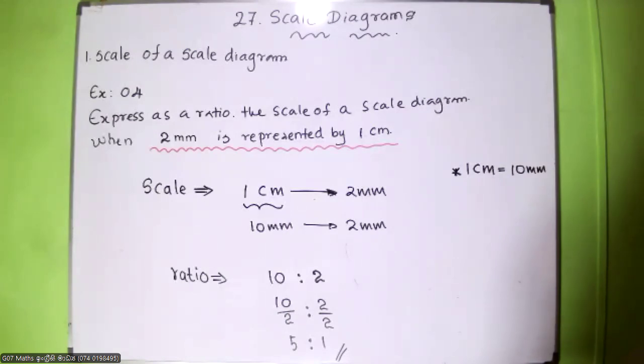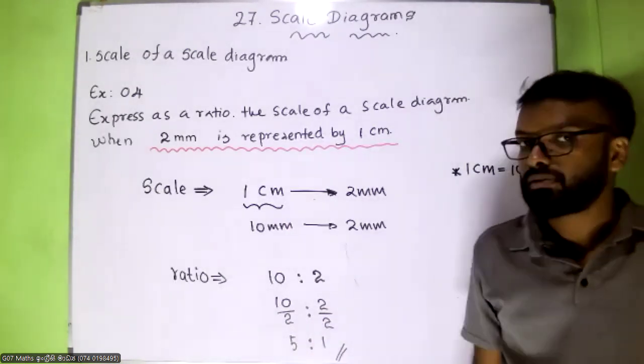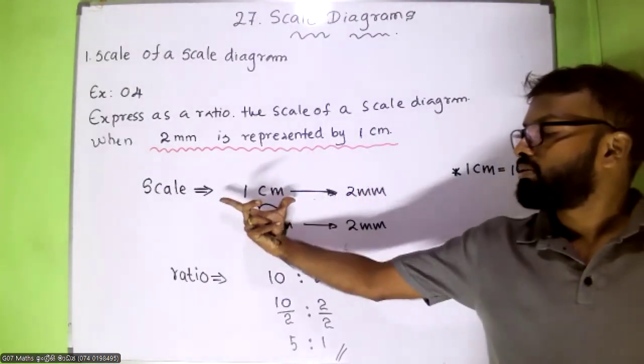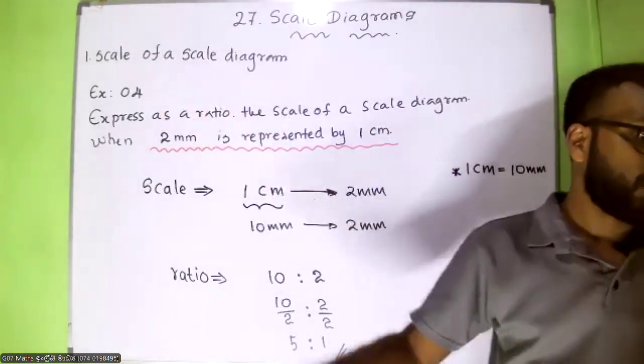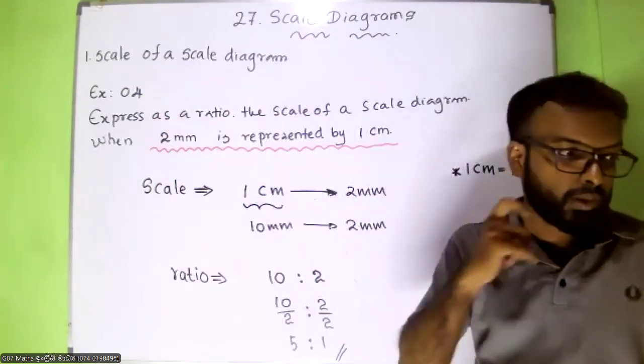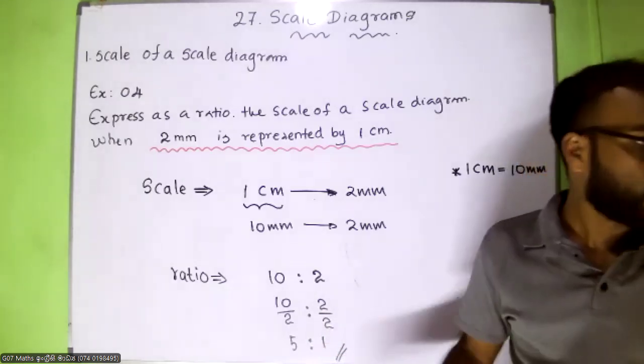Because you are magnifying, you are going to magnify your answer. A small length is represented in a bigger mode. So 1 centimeter is used for 2 millimeters. So this should be your final answer, 5 to 1.